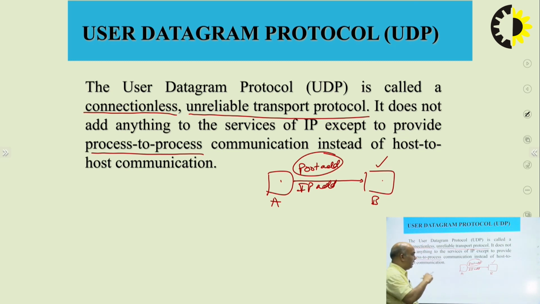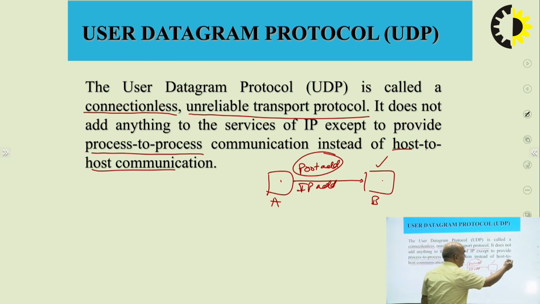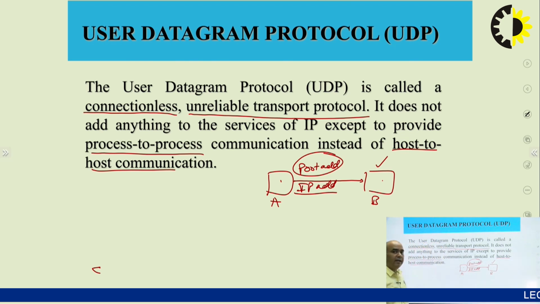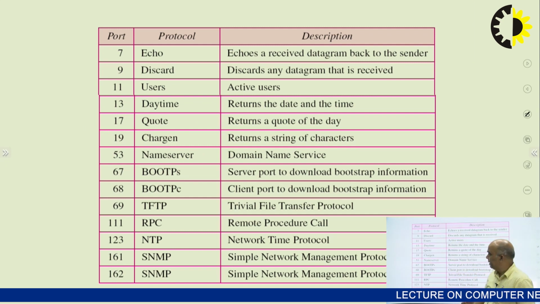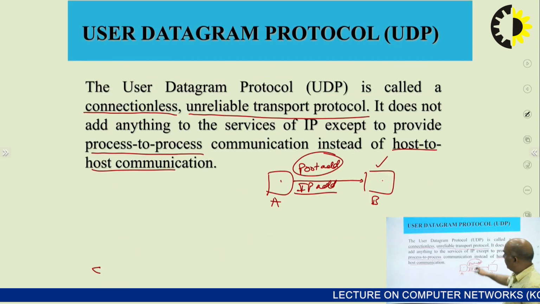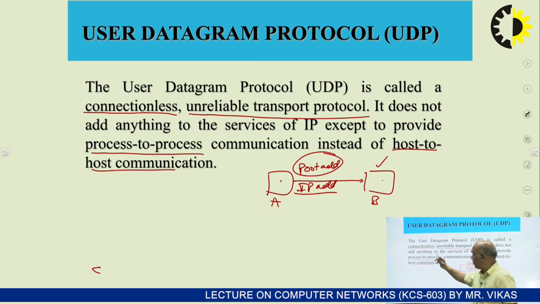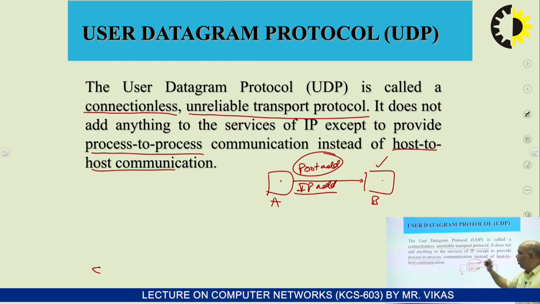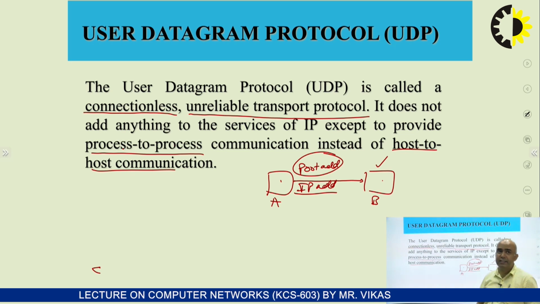But in the network layer, we have host to host communication, because at that time only the IP address is needed to transfer the data. So that's why we call it process to process communication instead of host to host communication, in UDP as well as in TCP.